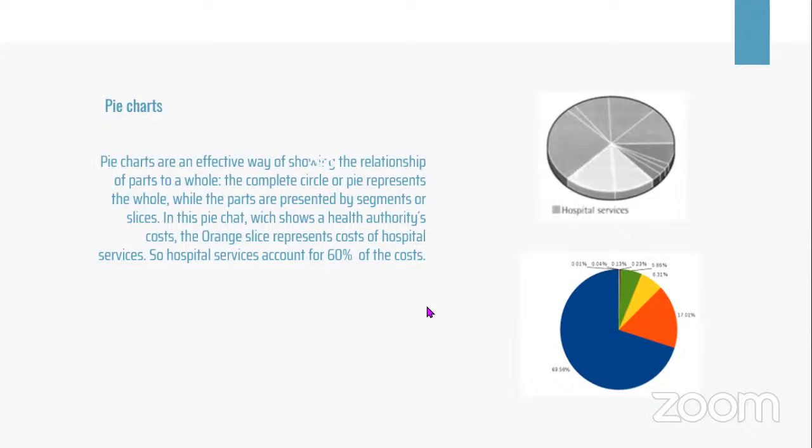So hospital services account for 60% of the cost. I'm sorry. Okay. No worries. Okay, thank you. Do you have any questions here? Now we understand that this is a pie chart. Okay. Any questions for vocabulary?